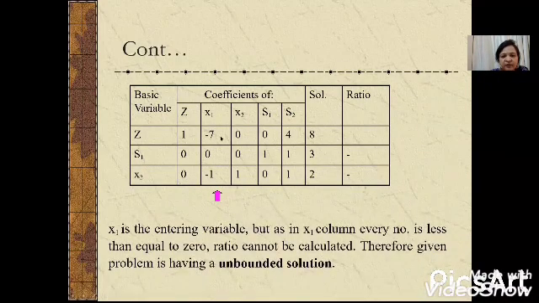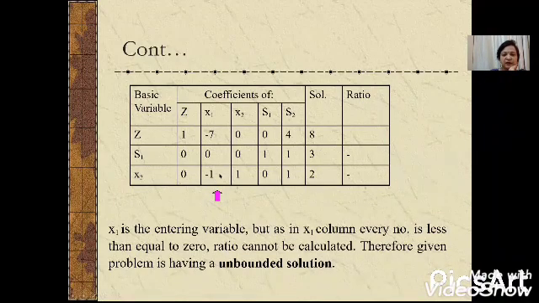Now in this case, we can see here that x1 is the entering variable. But when we obtain the ratio of the solution to the x1 column, we can see here that no ratio is of minimum category.